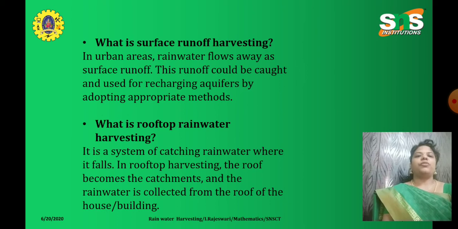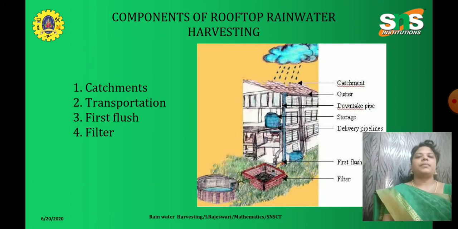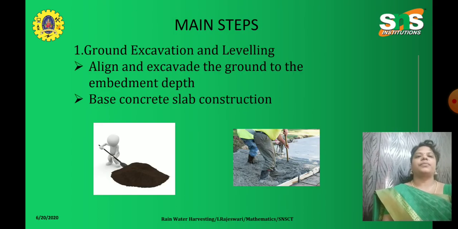In rooftop harvesting, the roof becomes the catchment and the rainwater is collected from the roof of the house or building. Next, we are going to see the components of rooftop rainwater harvesting: catchments, transportation, first flush and filter.